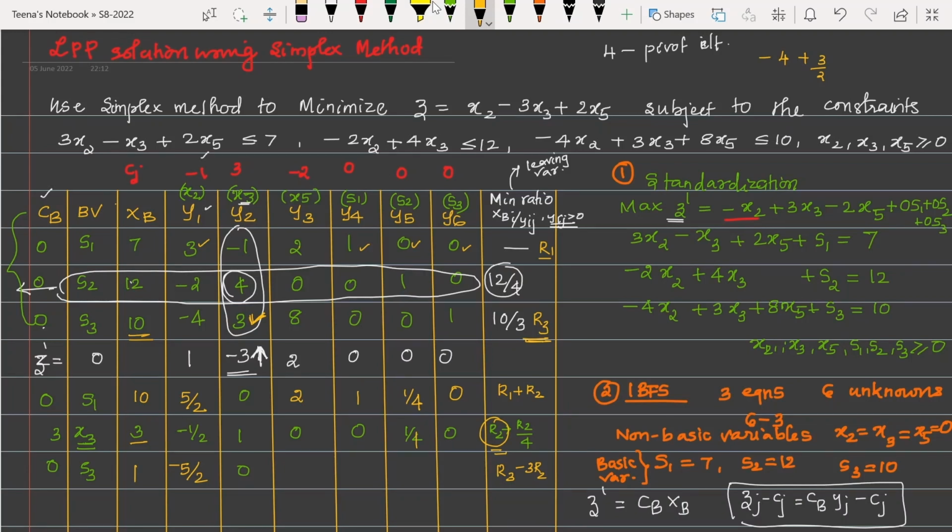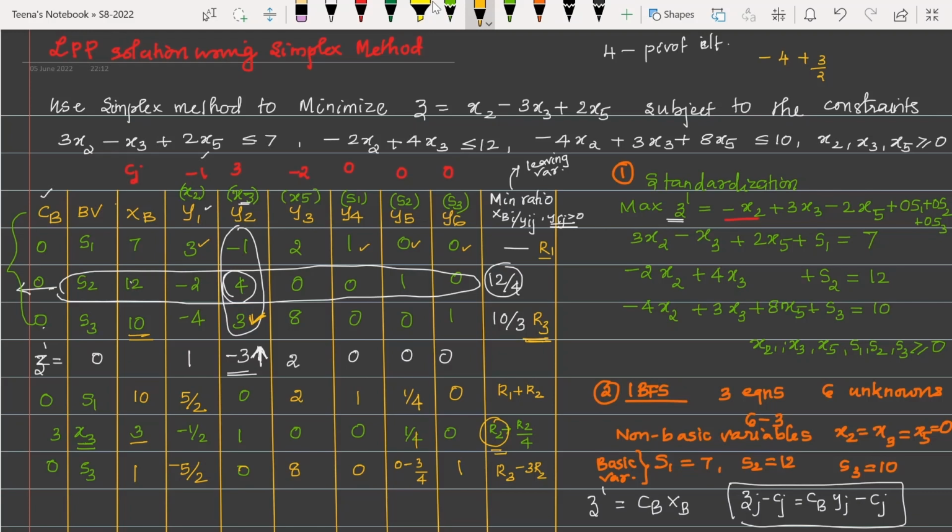Then this element is 3 minus 3 equal to 0. This is 8 minus 3 into 0, so it is 8 itself. Then this element is 0 minus 3 into 1 by 4, so 0 minus 3 by 4, and this is equal to 1. So we have made all the transformations till the second iteration.